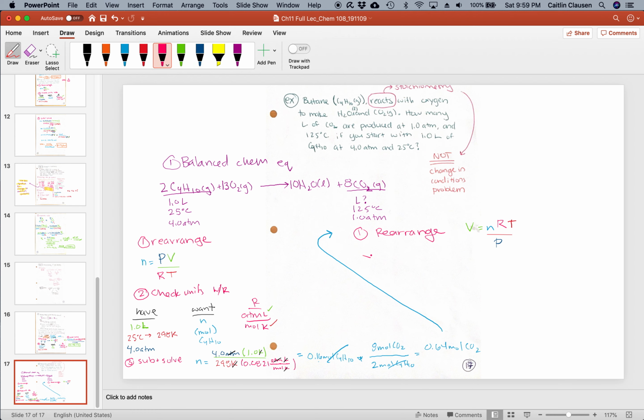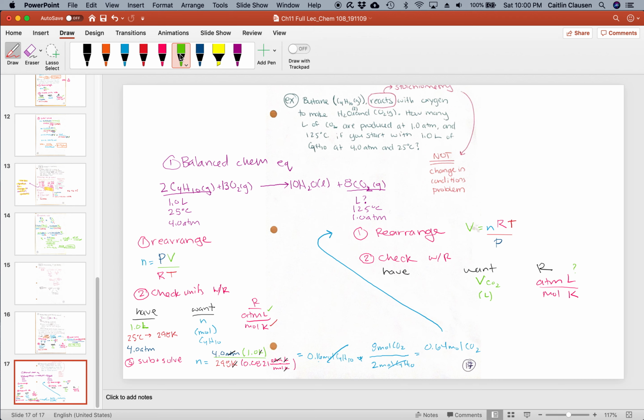Alright, step 2. Let's check the units of what I'm given versus what I want to have compared with my gas constant. So what do we have, what do we want, and what is R? We know R is atmosphere liters per mole Kelvin. We want the volume of CO2 in liters.